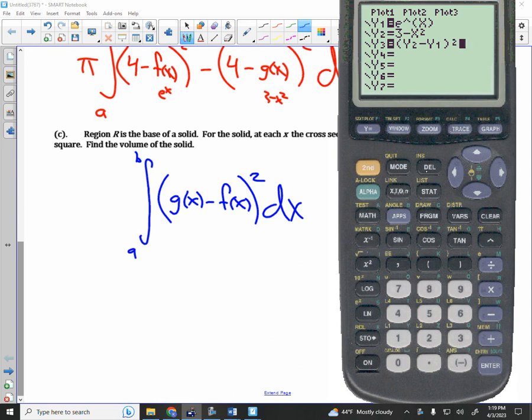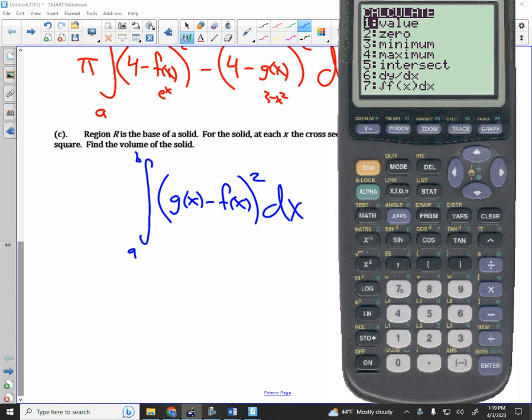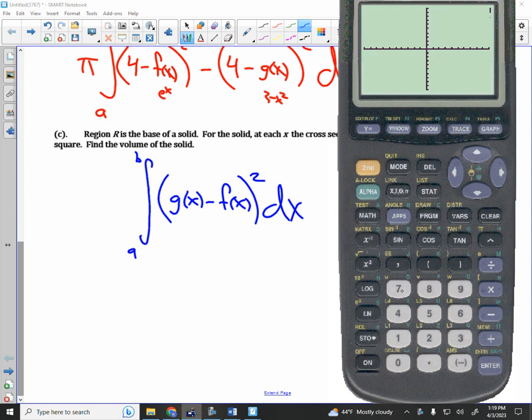So I've got it entered into my calculator, and I'm going to calculate number 7. And I'm going to go from negative 1.677, is that right, to 0.8344. And there's no pi involved here. I get 6.358.